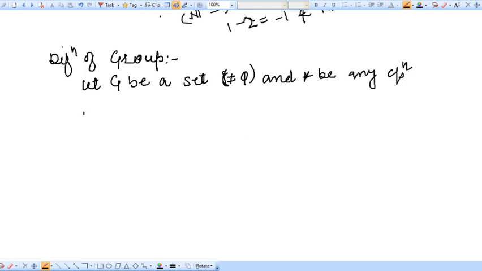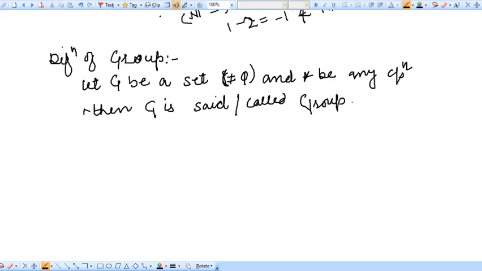Then G is said to be, or called, a group if it satisfies the following four properties, following axioms.